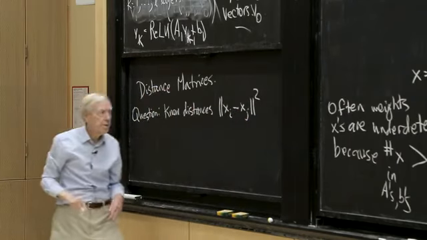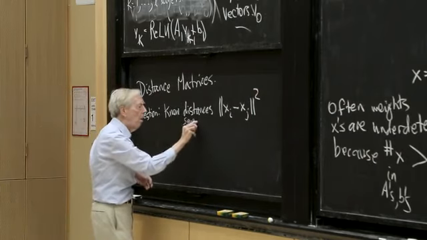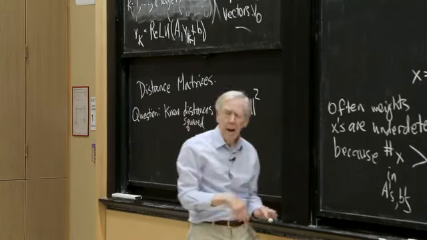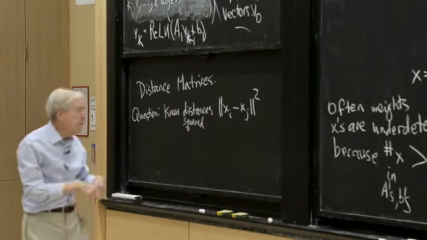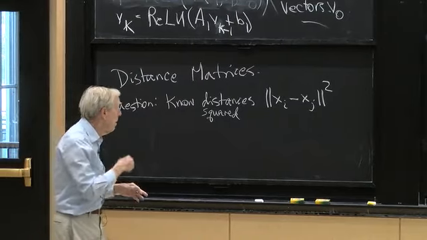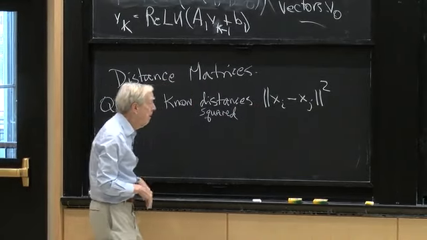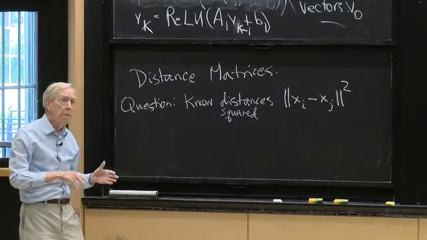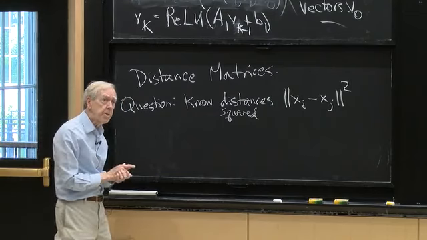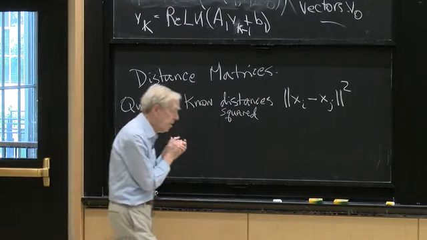And it's convenient to talk about distances squared here. And how would we know these distances? Maybe by radar or any measurement. They might be sensors which we've placed around, and we can measure the distances between them. And the question is, what's their position?